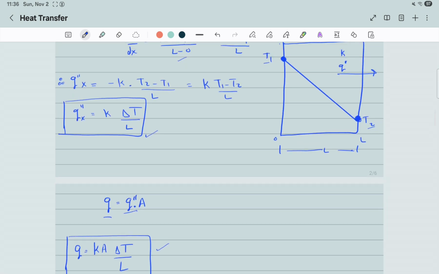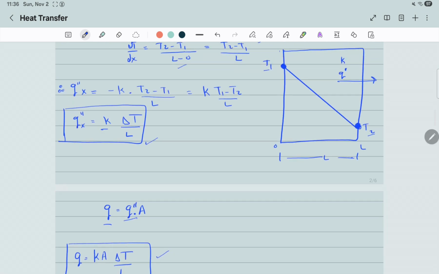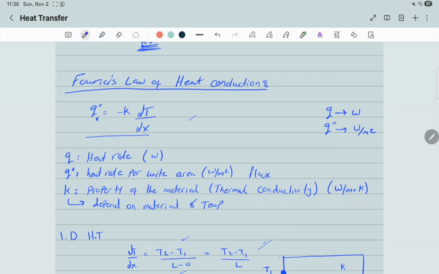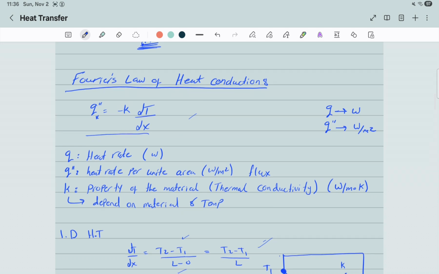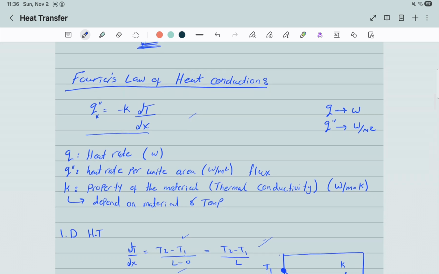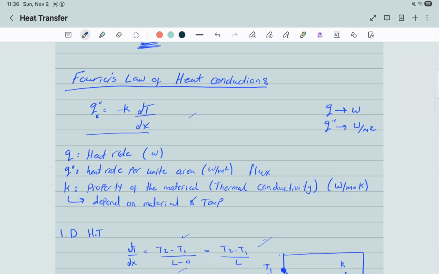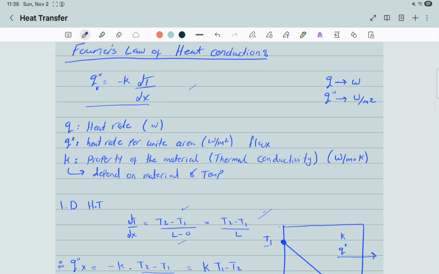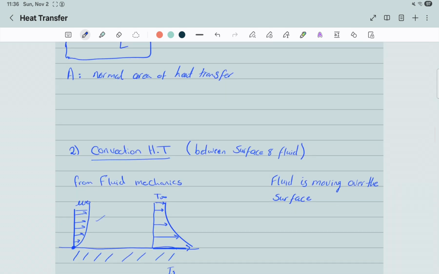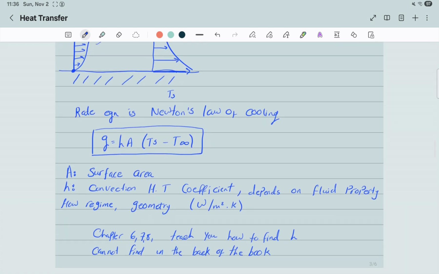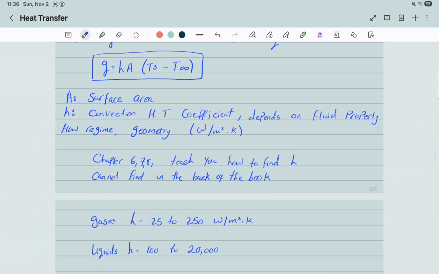In order to find K, all you need to do is have the temperature and the material, and you can go to the back of the book and get the value for the thermal conductivity. The convection heat transfer coefficient H needs to be calculated.